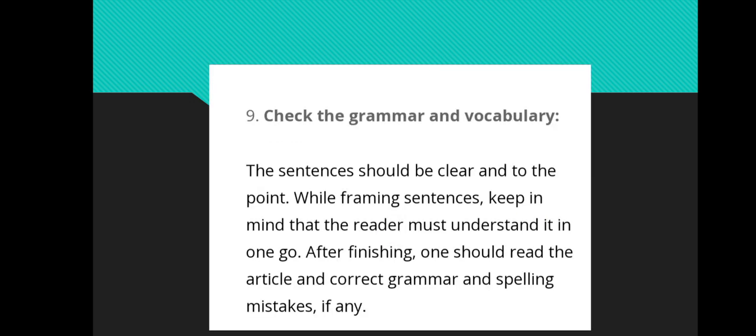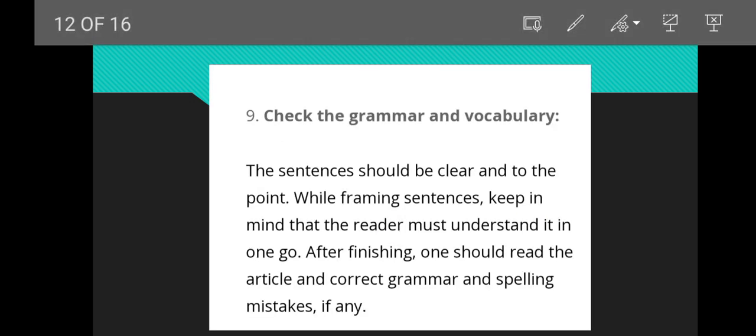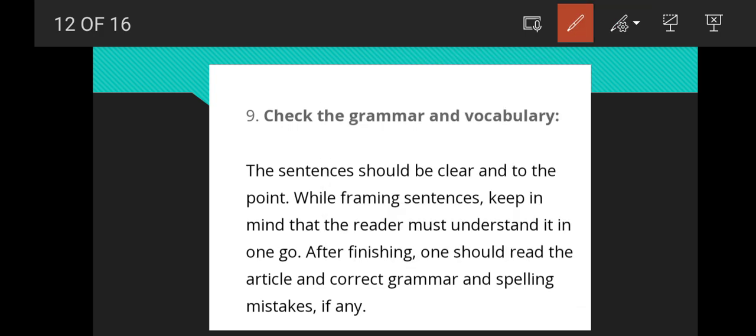Ninth point is check the grammar and vocabulary. Again, a very important point, extremely important. Always check the vocabulary and grammatical mistakes should not be there. The sentences should be clear and to the point. The errors should not be there.